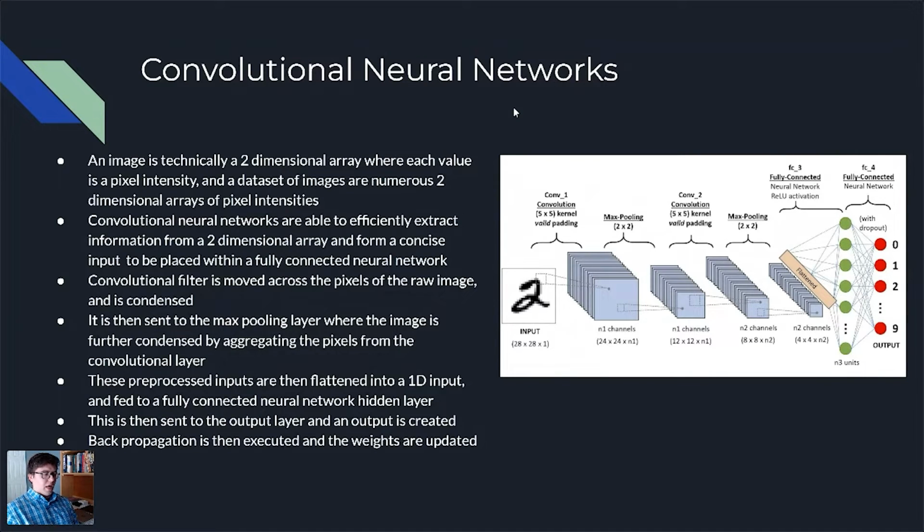So essentially, how a convolutional neural network works is that you can think of an image as a double array of pixel intensities. You can kind of see it here. Like you see this is black. Anyway, it's a double array of pixel intensities.